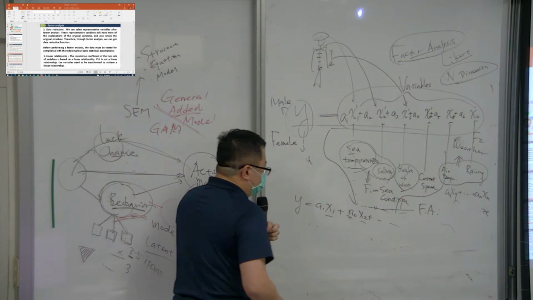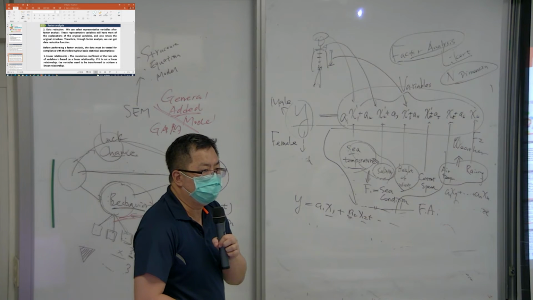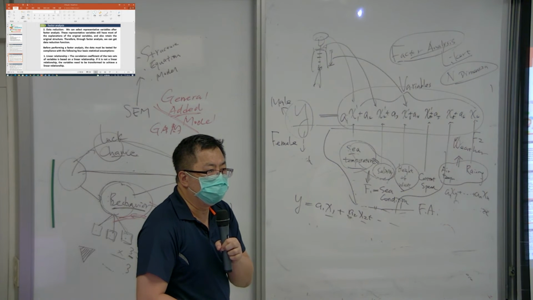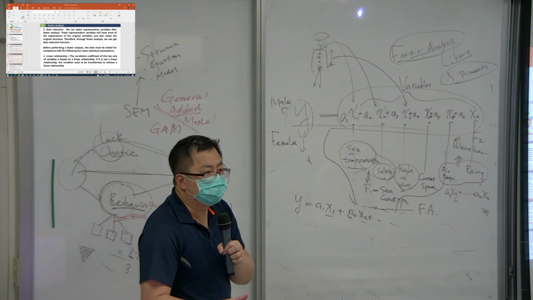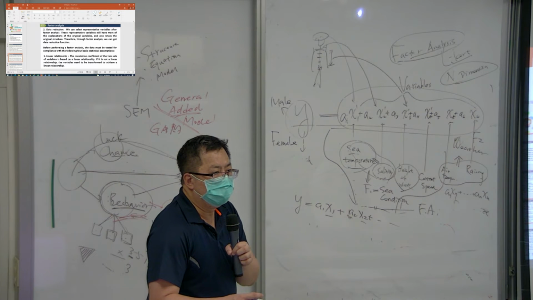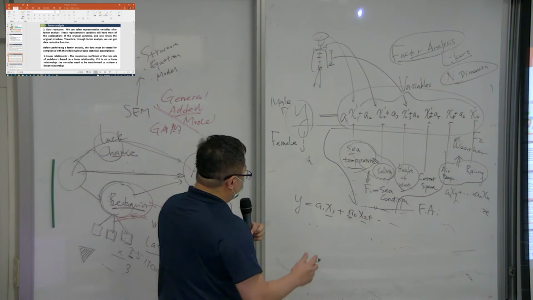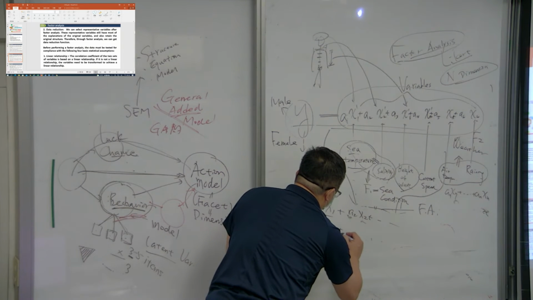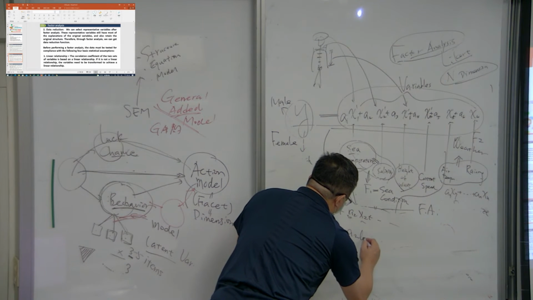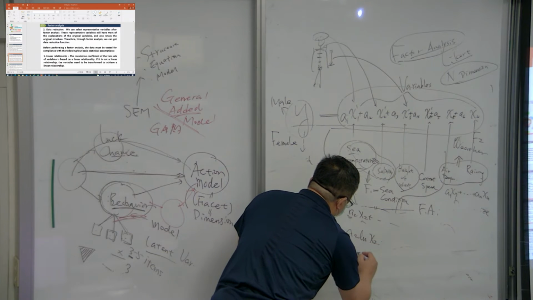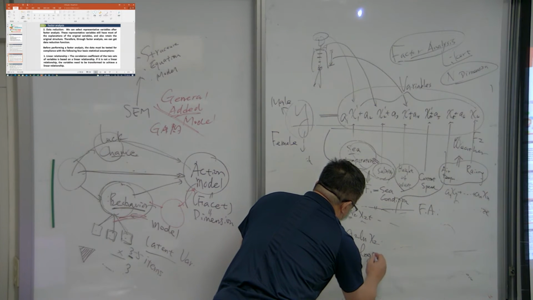If they don't have a linear relationship, maybe we transform the factor to, say, the inverse, or we transform to log or natural log. Maybe we transform this, or transform this one.